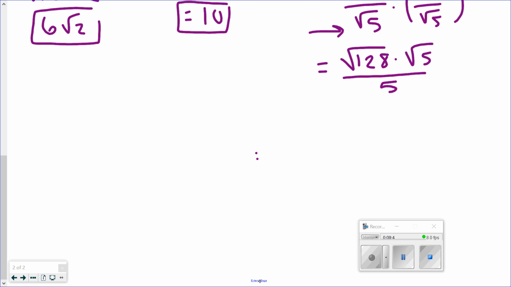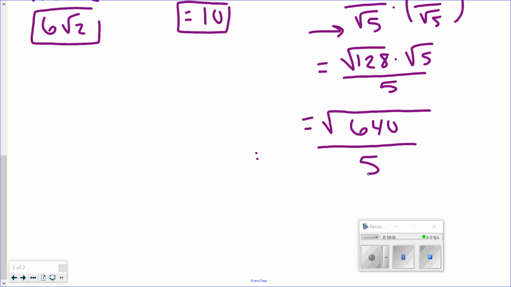All right. So now I need to simplify my numerator. I'm going to make one large radical. 128 times 5 is 640, and the denominator stays the same. Now I need to look at 640 and say, okay, what perfect square is divisible by 640? There's a couple. You want to find the largest one.